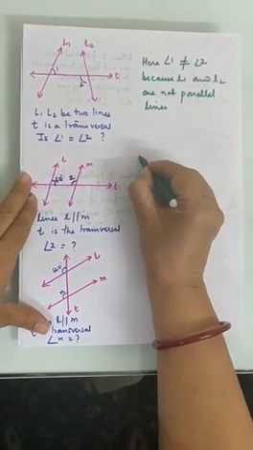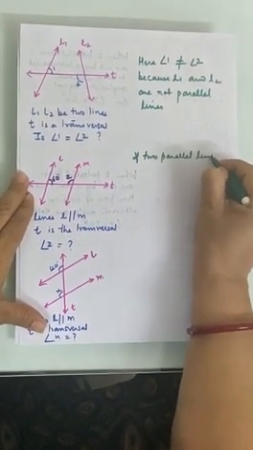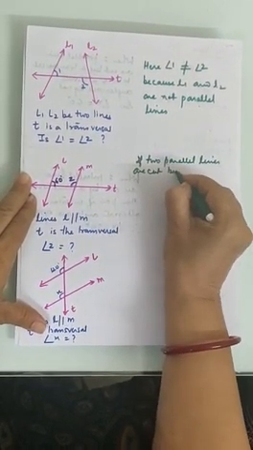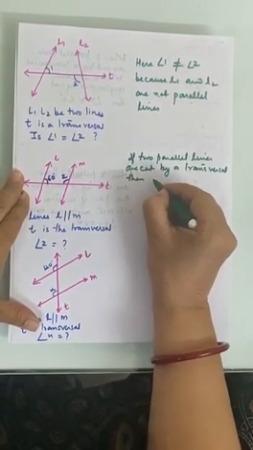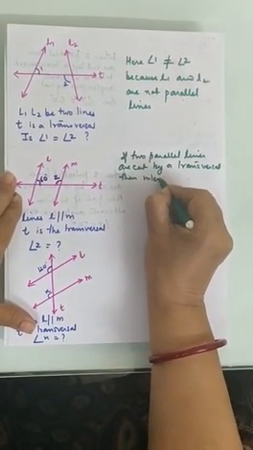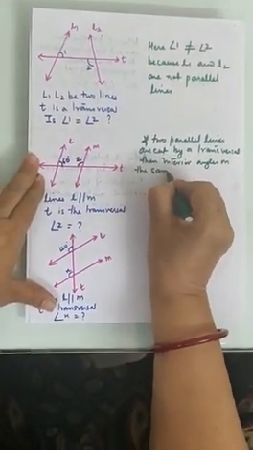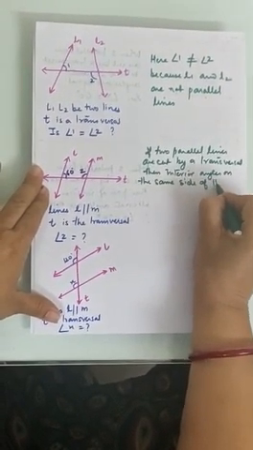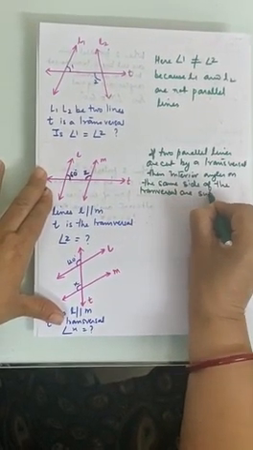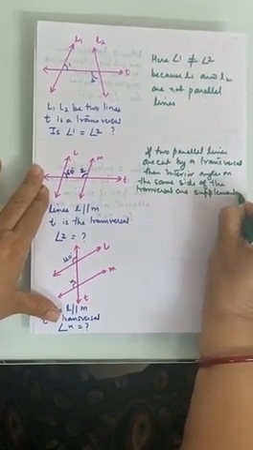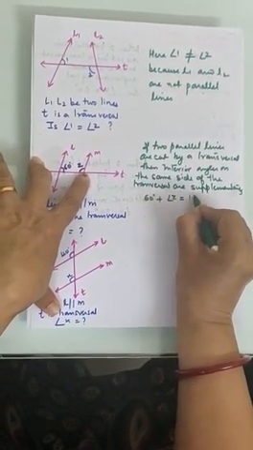So we write that if two parallel lines are cut by a transversal, then interior angles on the same side of the transversal are supplementary, meaning that 60 degrees plus angle Z is equal to 180 degrees.